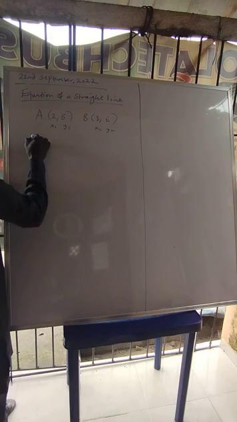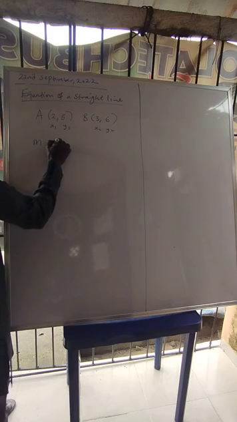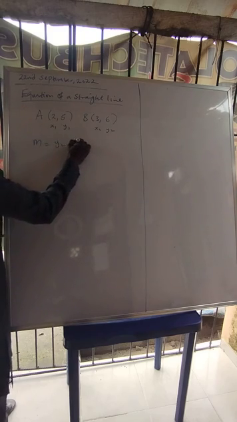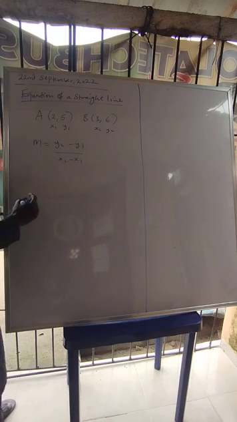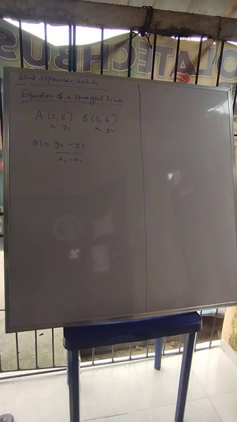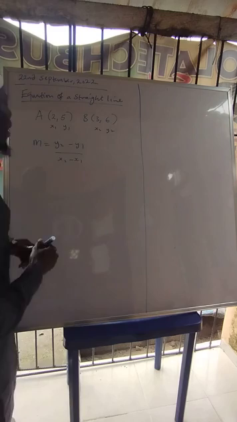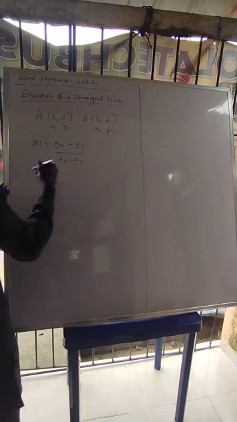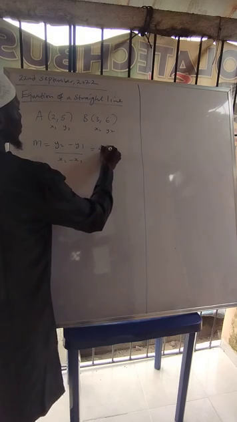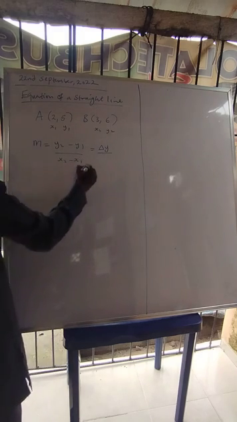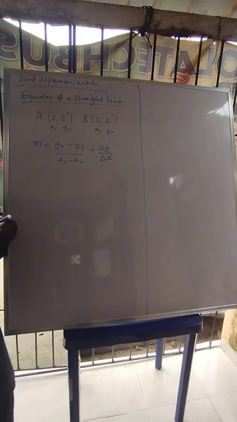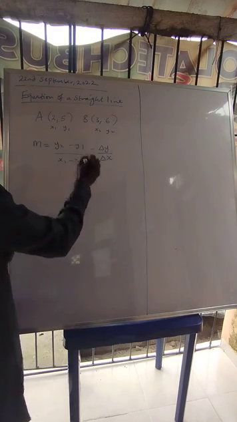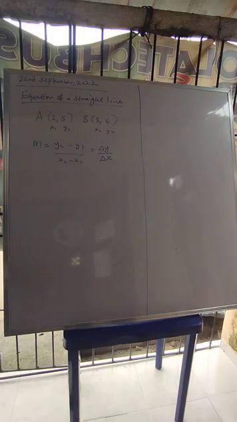To find the gradient, which is m, it is going to be y2 minus y1 over x2 minus x1, since gradient is the increase in y all over increase in x. The increase in y is called dy, that is change in y, all over dx, that is change in x.